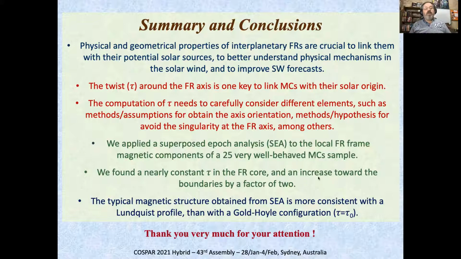I will skip the rest of the conclusions because of lack of time, but I just mention the most important, which is that the typical magnetic structure obtained from the superposed epoch analysis method is more consistent with the Lundquist profile than with the Gold-Hoyle configuration, which means a twist constant along the distance from the axis to the boundary.